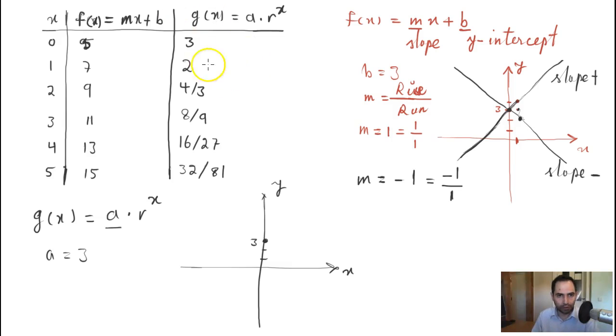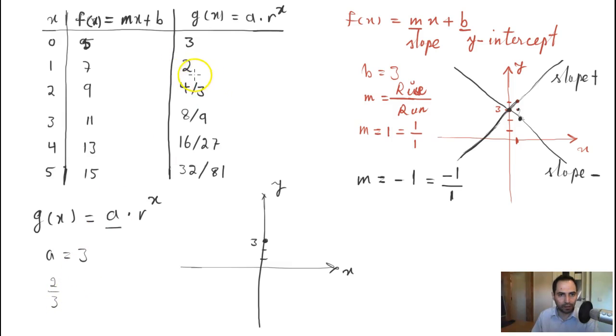Or if I want to tell you in this way, your r is basically, if you divide this 2 by 3, you will get, for example, here you have this term over here. The successive term after 3 is 2. So if you divide this output by this output, you will get 2 by 3.